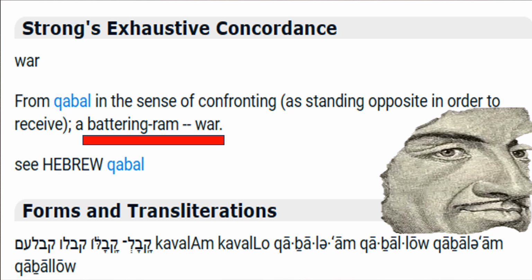This idea of confronting, this idea of a battering ram. And this is done in order to receive something, in order to take. So the taking and receiving was a part of war, so the spoils of war, the colonization that took place around the world, essentially, and involved war. So cabal and war are synonymous.